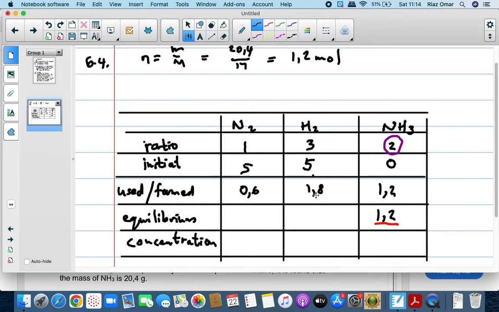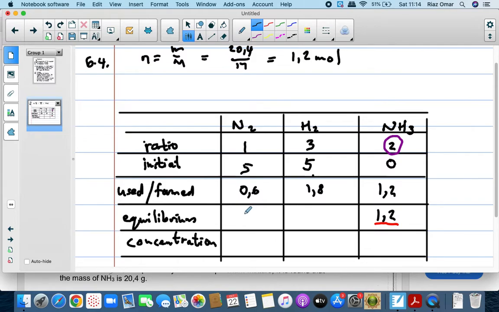So we can use that to work out the number of moles used and formed. 0,6 moles of nitrogen were used, 1,8 moles of hydrogen was used, and 1,2 moles of ammonia was formed. Now we know how much we had and how much was used, we can see how much we'll have at equilibrium.